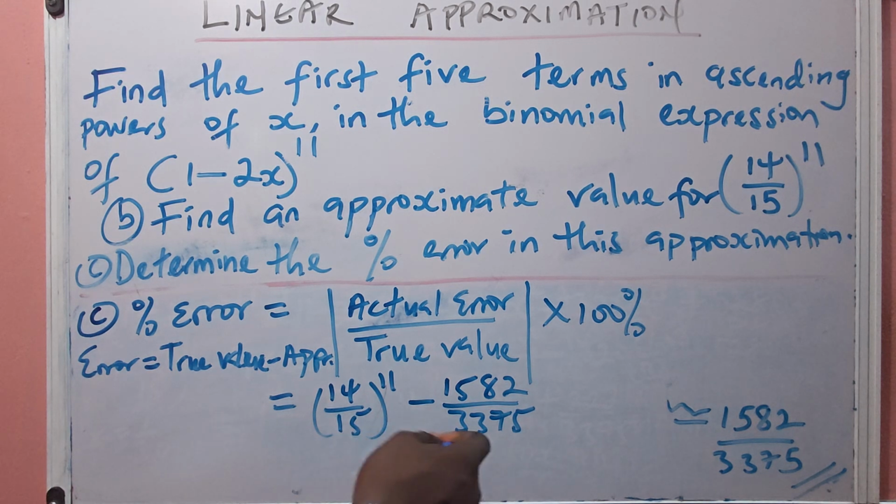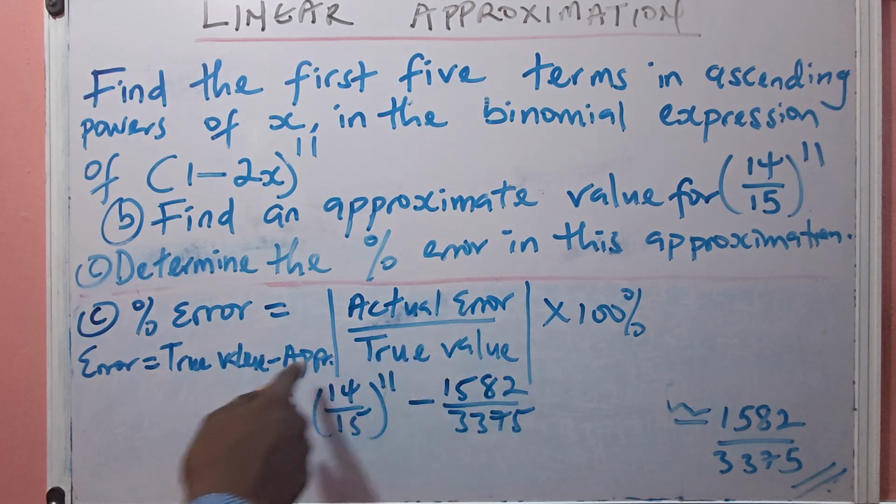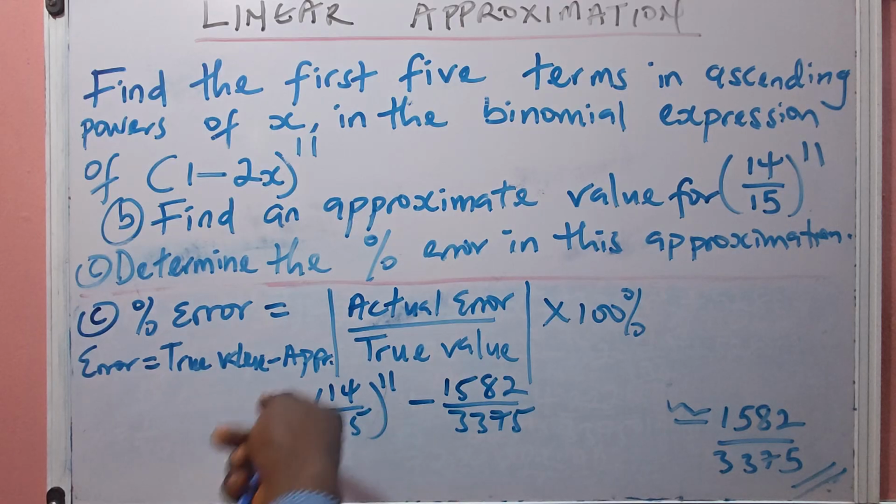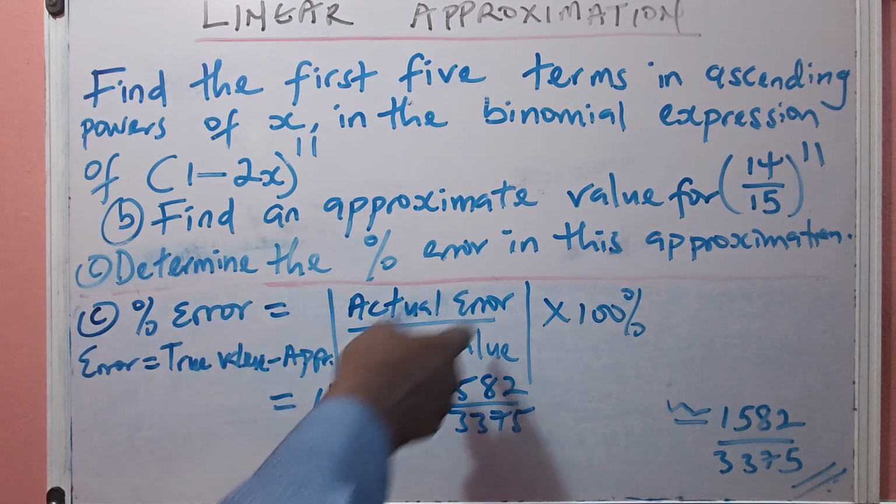Now let me say this. Sometimes this may come before this. It doesn't mean anything if you have it as approximate minus true or true minus approximate, but just for the sake of following a pattern, that's why I'm making it true minus approximate. But some people may make it approximate minus true, and that's the reason why we have the absolute value here.